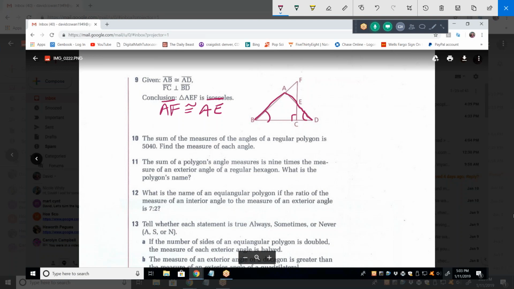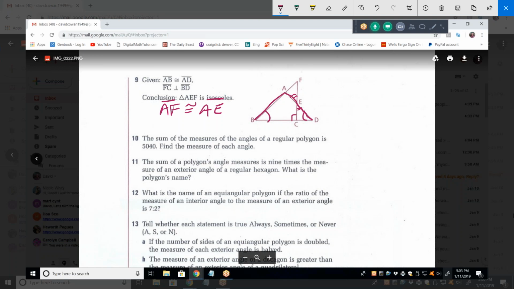In other words, B is equal to D. This one is equal to that one because they're vertical angles. All right.